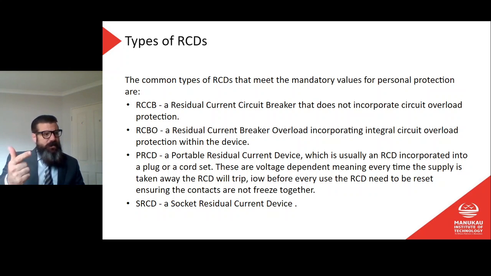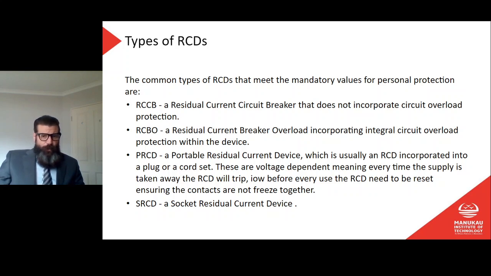You've got an RCD and a circuit breaker. That's all that's in the switchboard. So you just have an RCBO in a single one-way or two-way switchboard. It's not even a switchboard, it's just an enclosure with an RCBO in it, and that does your circuit protection, your overload, and it does your RCD at the same time.